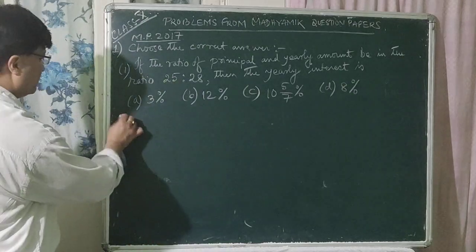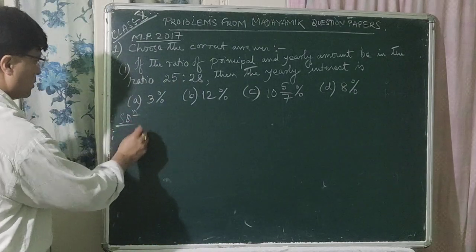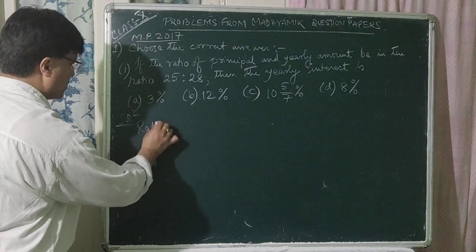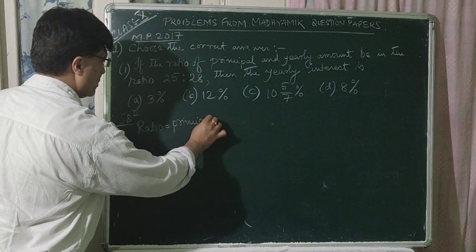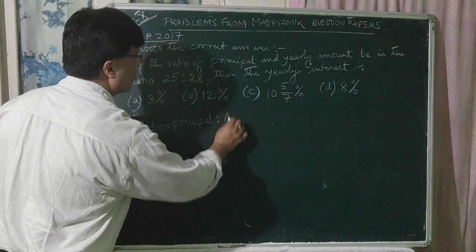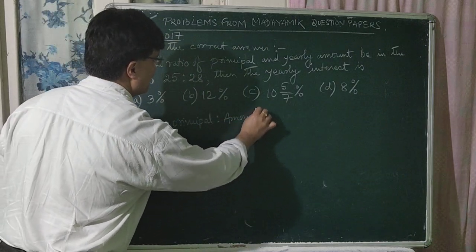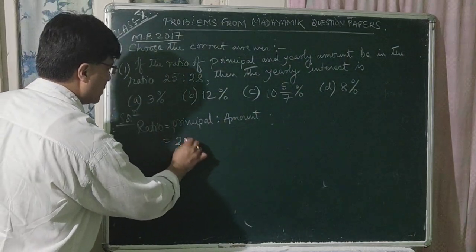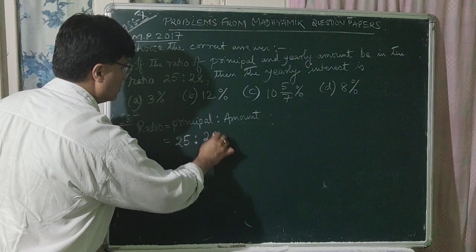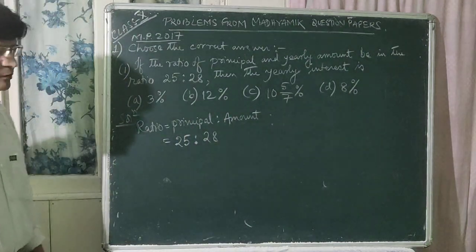So now solution. So ratio is equal to principal is to amount, isn't it? Principal is to amount, which is equal to, what is the principal here? 25 is to amount is 28.